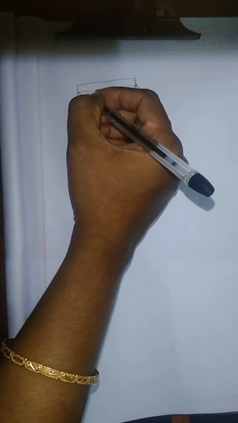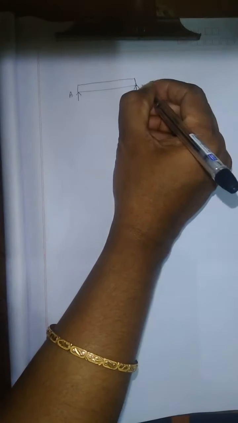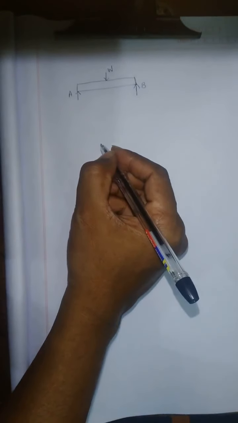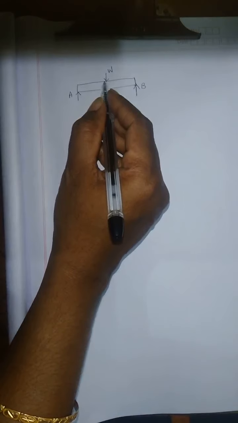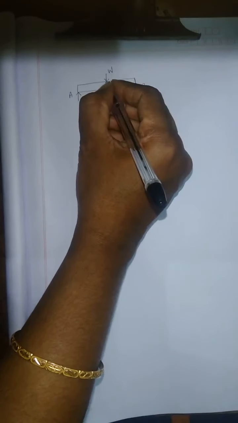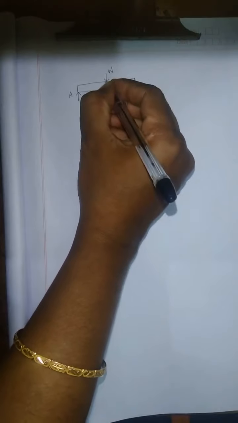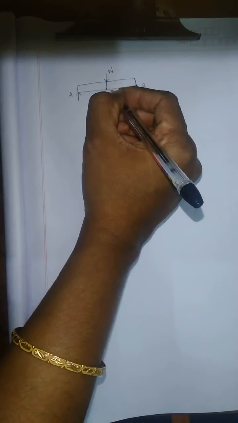Let us take the ends of the beam as A and B. Let us consider this beam is applied with a load W. Now, because of the action of this load W, the beam may break.